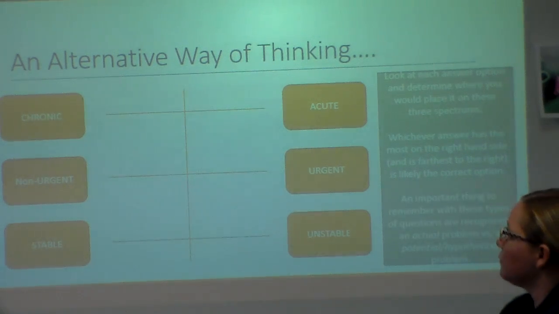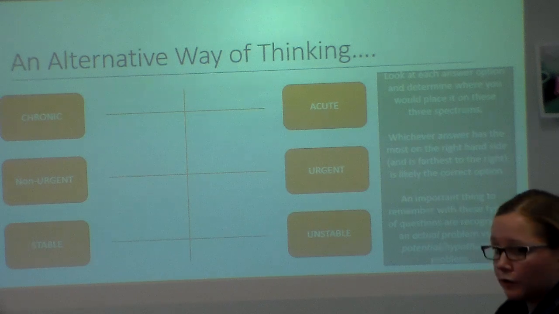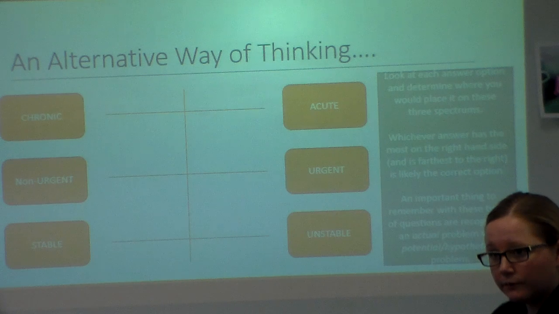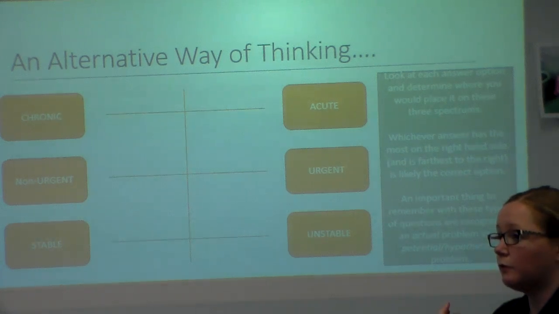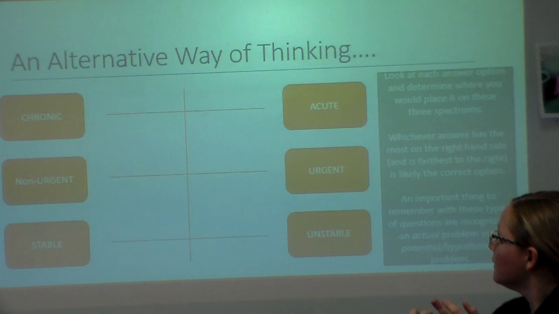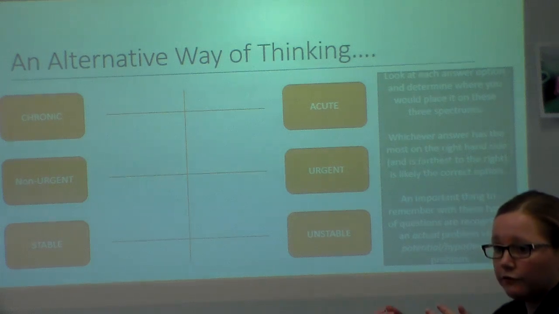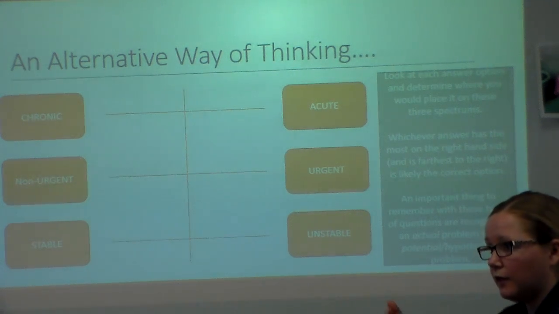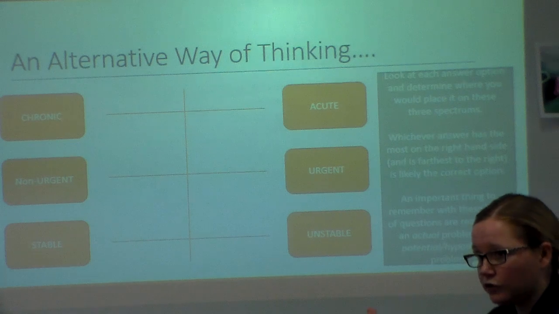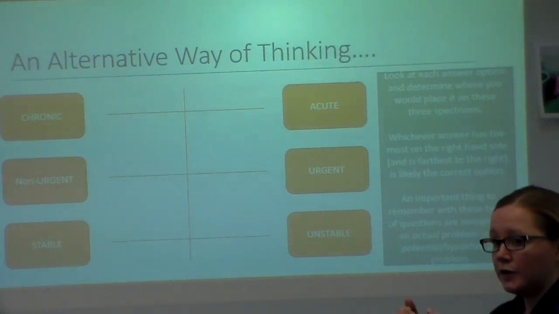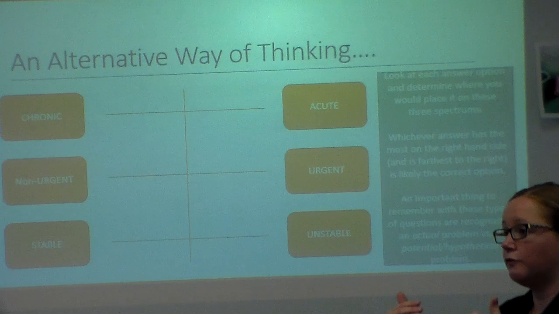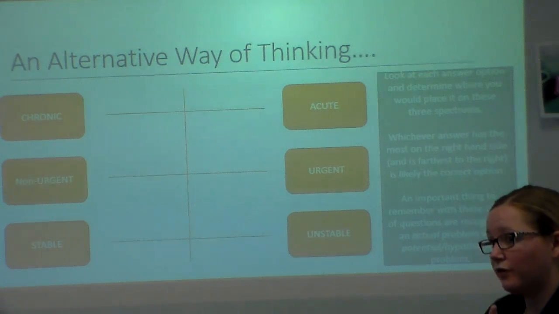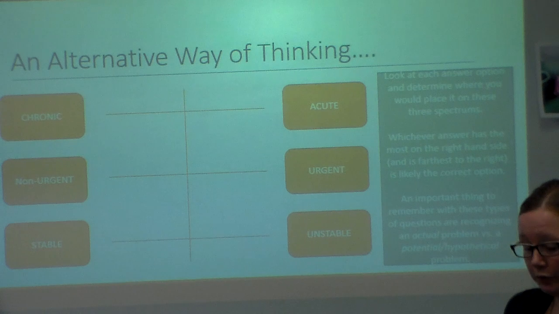An important thing to remember in this type of question is, are they giving you somebody that has an actual problem or somebody that has a hypothetical or potential problem? As we go through the very first question, we hit on this a little bit, so keep it in the back of your mind. Are they saying that patient A is short of breath, versus patient B, where you just have a set of vital signs with respirations of 25? That's a potential issue.